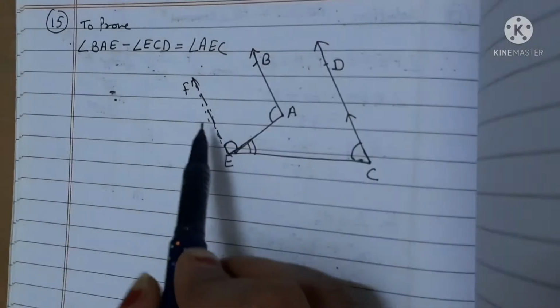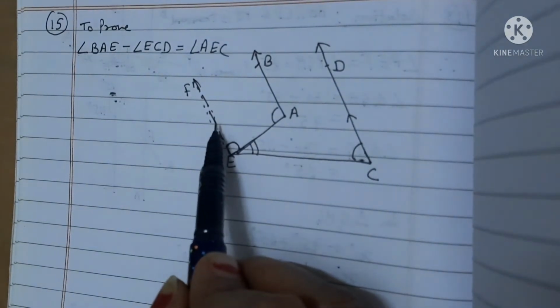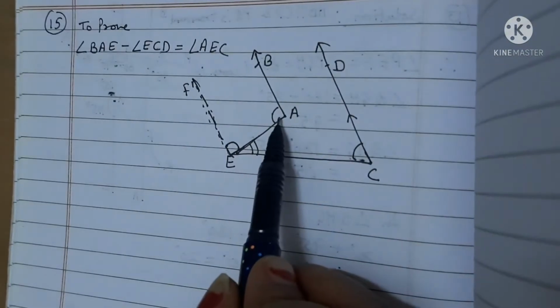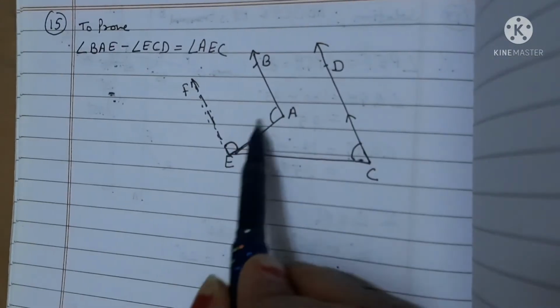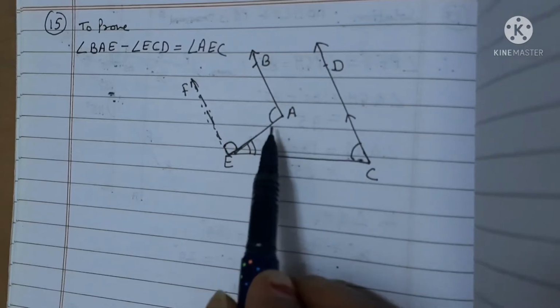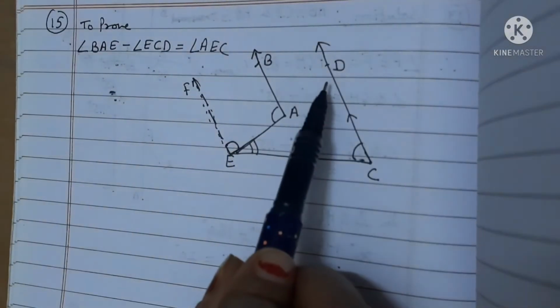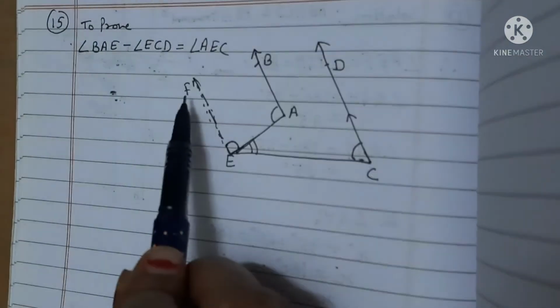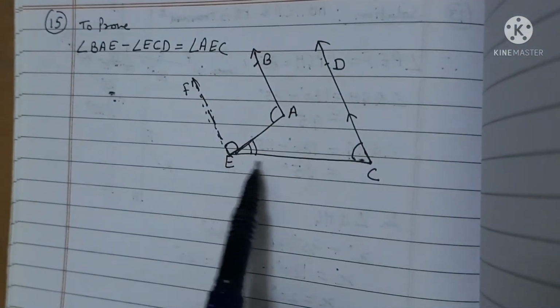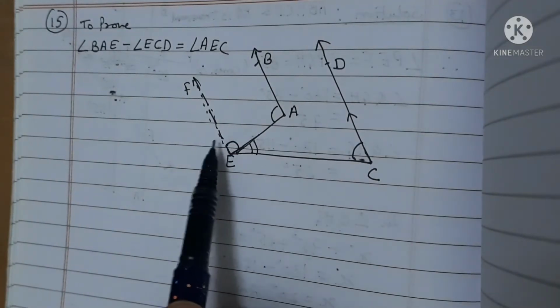First take the pair of two parallel lines with AE as transversal, and write the sum of co-interior angles; for the other, take CD and EF where EC is the transversal.